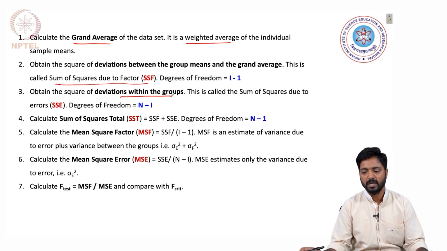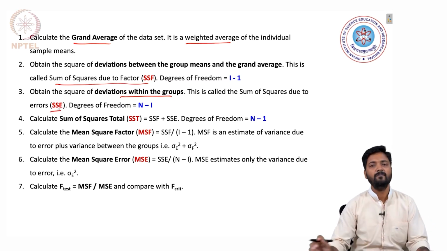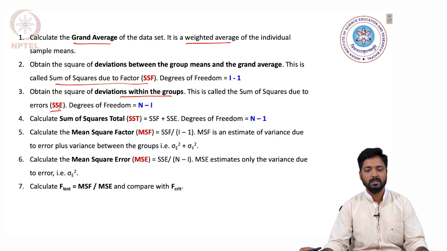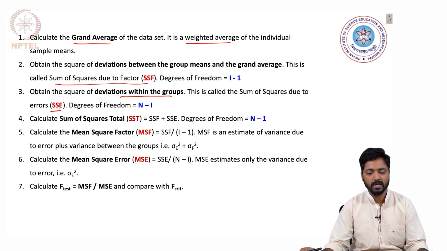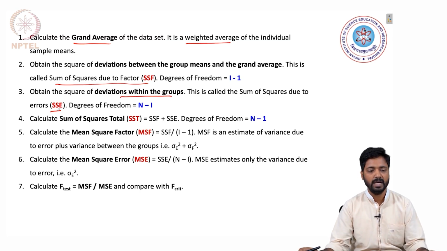So, this is called the sum of squares due to errors, abbreviated as SSE, and here the degrees of freedom is n, which is the total number of readings, minus I, which is the number of samples that we are dealing with. So, let us look at how the sum of squares due to errors is calculated.